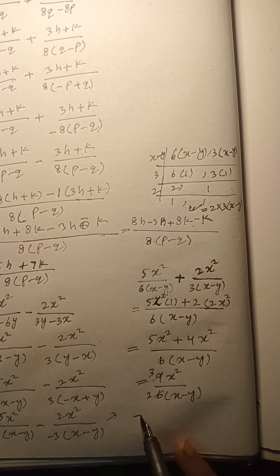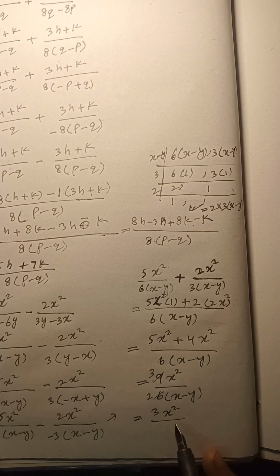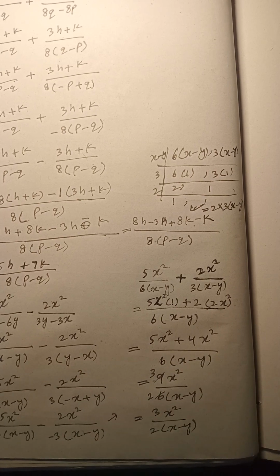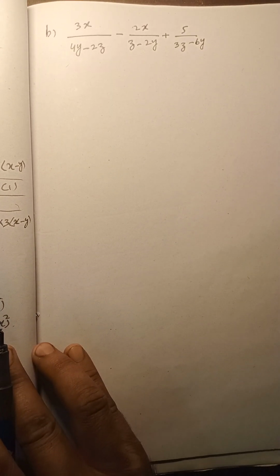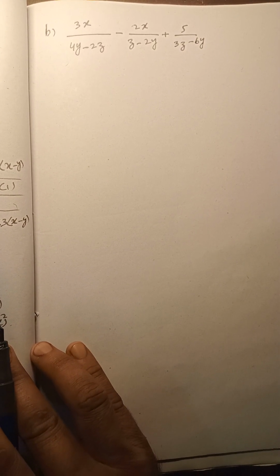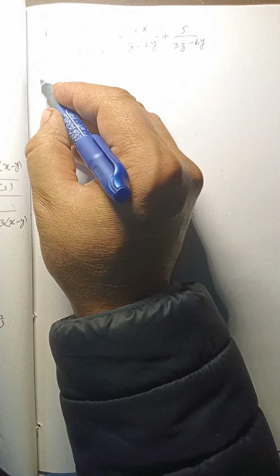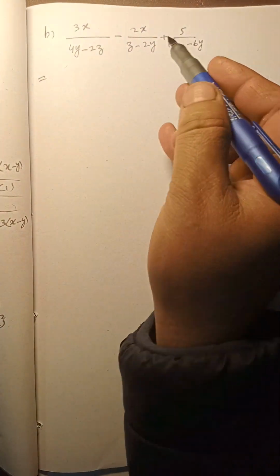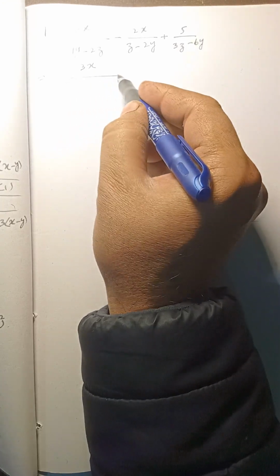So answer will become 3x square over 2 into x minus y. See here, there are 3 fractions, and these are separated by plus and minus sign, so we will take LCM, and we know that their denominators are complex to some extent, and we need to simplify these.